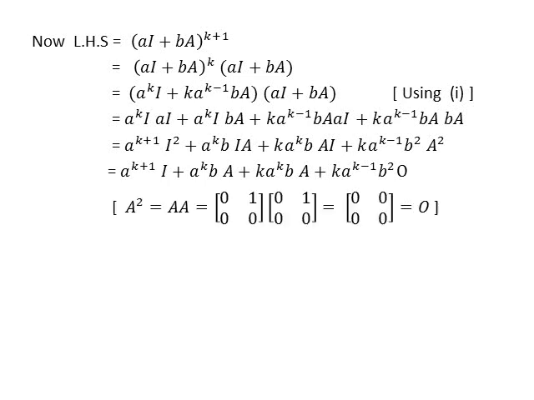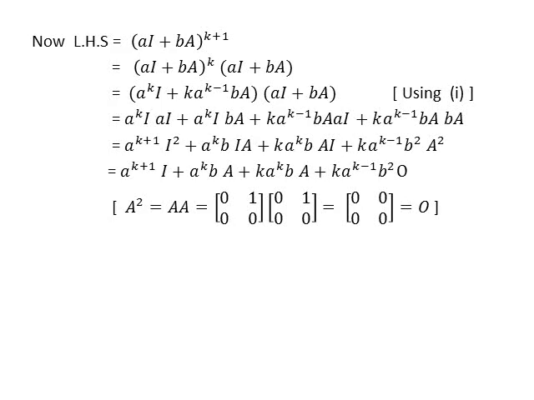For A square, take the product of matrix A with A itself as shown. It is equal to the null matrix O. Now we get A^(k+1) I plus A^k BA plus k A^k BA plus k A^(k-1) B square multiplied with the null matrix.